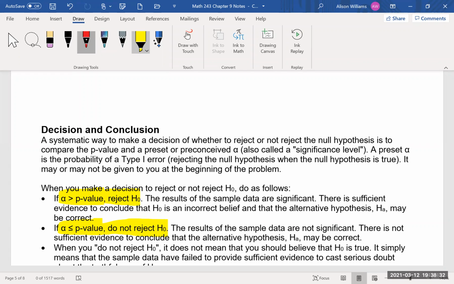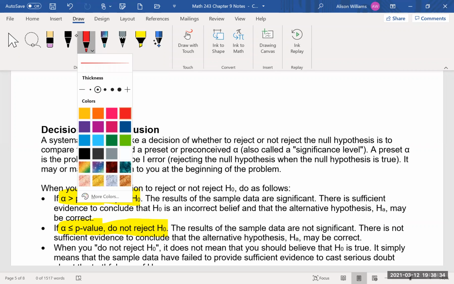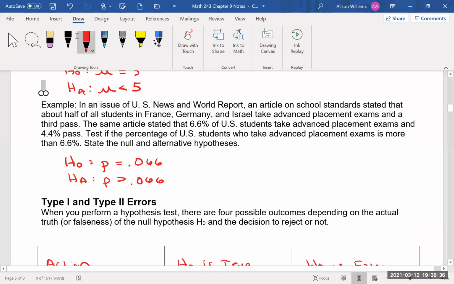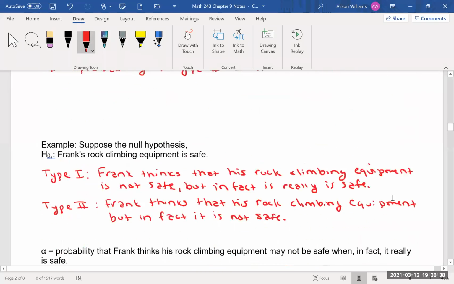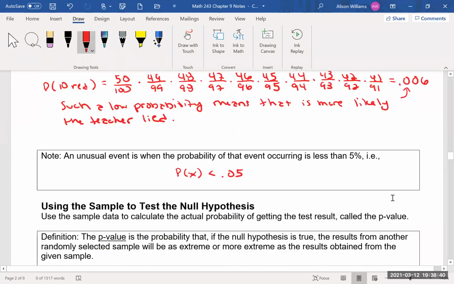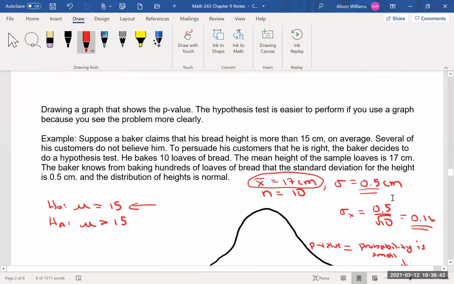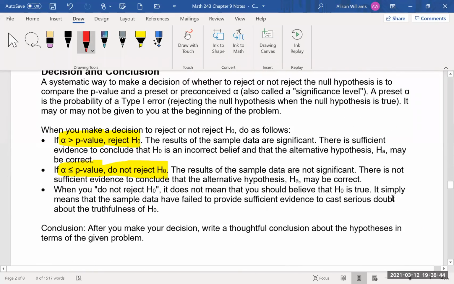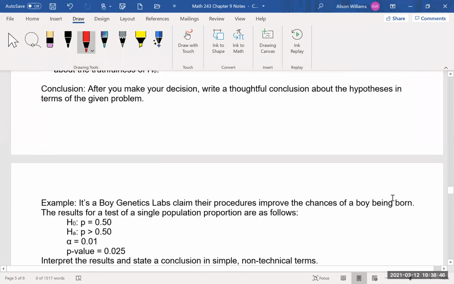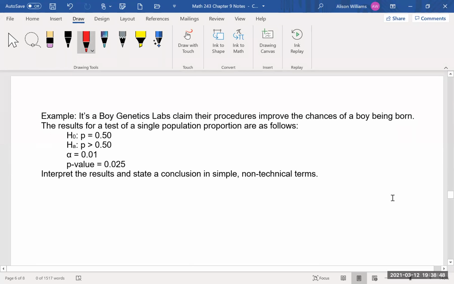So let's look at an example where we pull this in and use this terminology and language to help us. A genetics lab claims their procedures improve the chances of a boy being born.